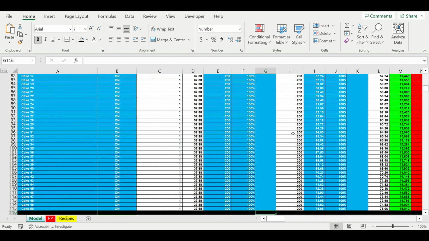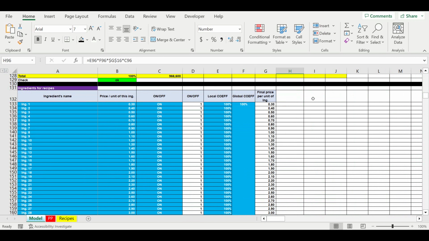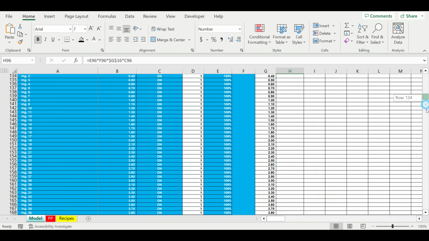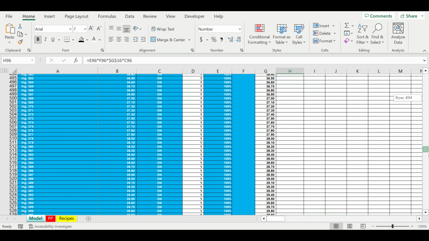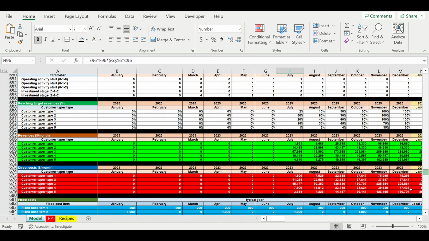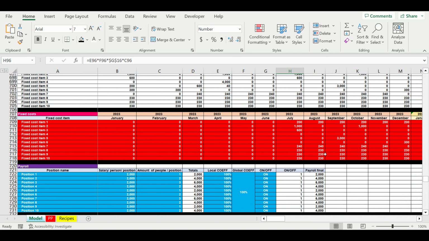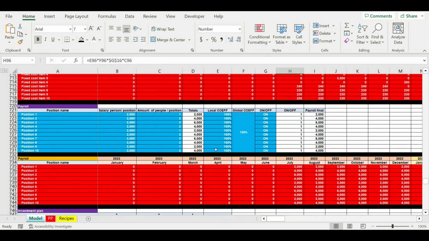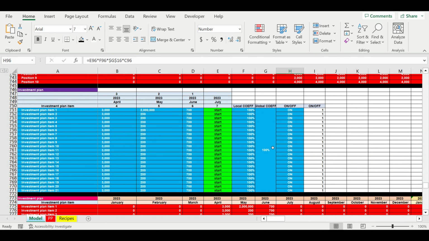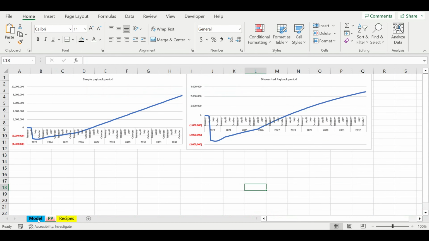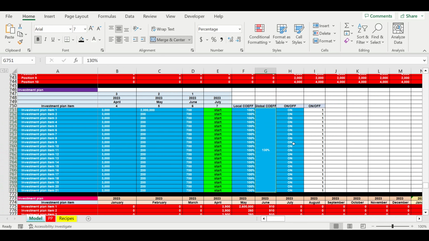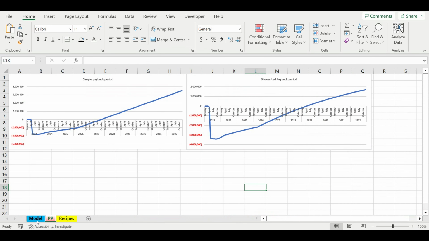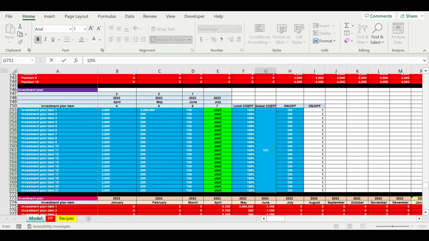Or we can play with these coefficients, look at the diagram, see what will be the net present value. For example, what will happen with the project if the amount of investment will grow by 30%. Or, for example, 70%. So we can quickly create a lot of scenarios to see how stable our business idea is.